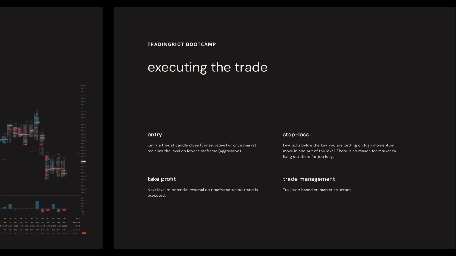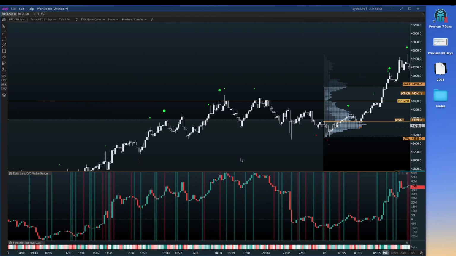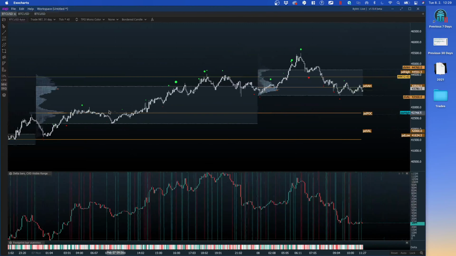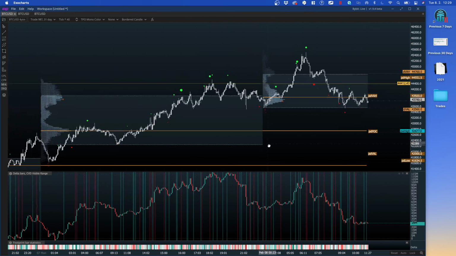Also, one last thing that I didn't mention: this happened after quite a big trend day, so if you are taking a short here, the possibility that this will retrace all the way down until the end of the day is really low. This is one of the things that I mentioned about trend days.